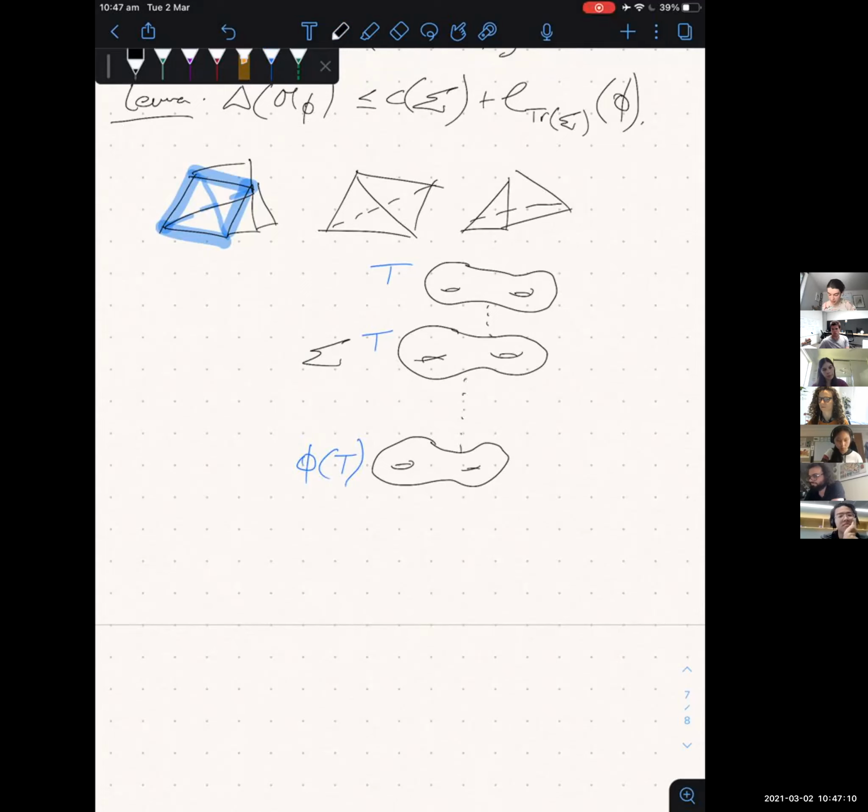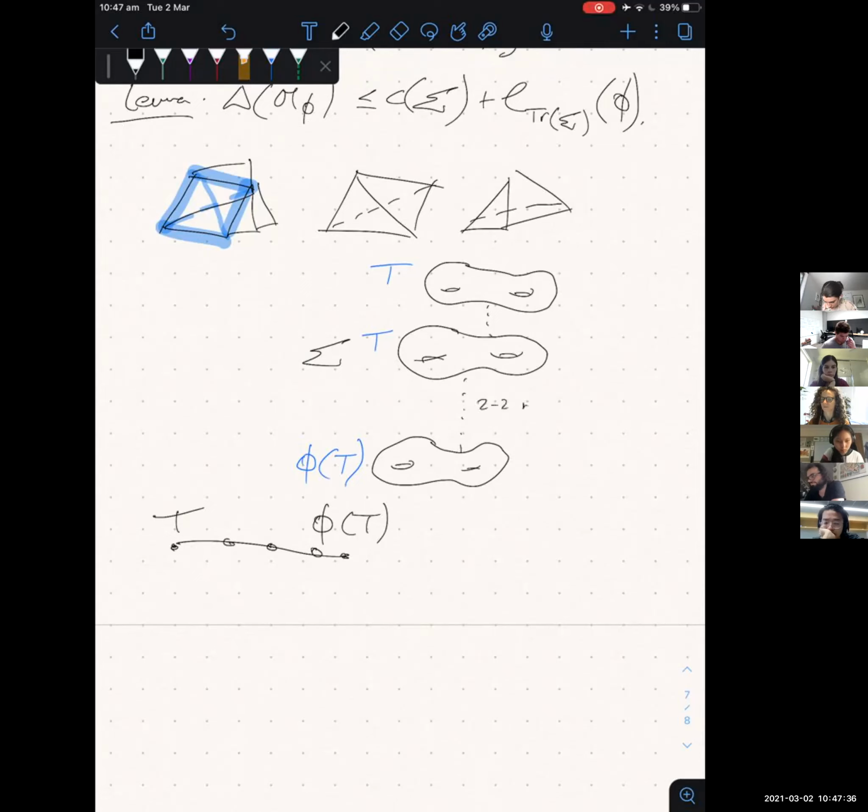And we're going to do that by thinking about the path from t to phi of t in the triangulation graph. So we've got t here and phi of t here in my triangulation graph, and there's some path between them, where each of these is a 2-2 move. And for every one of these edges, we're just going to stick on a tetrahedron to execute these 2-2 moves.